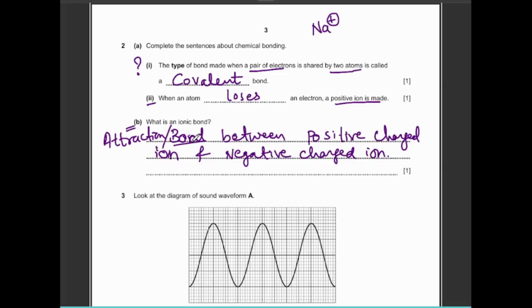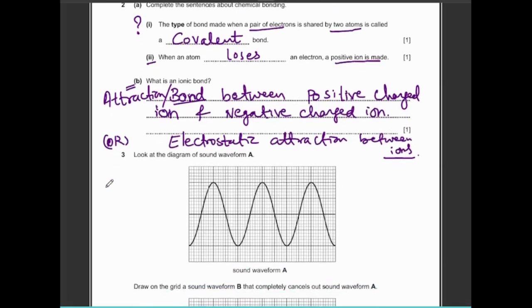But please remember, ionic bond can also be explained by electrostatic attraction between the ions. Okay, so this is also valid. Either you write attraction between positive and negative ion or electrostatic attraction between the ions. Let's move to the third question, and the previous one, the second one, gives you 3 marks.